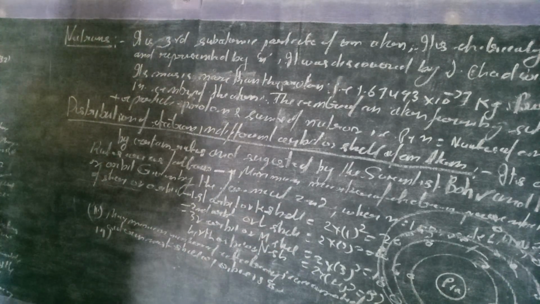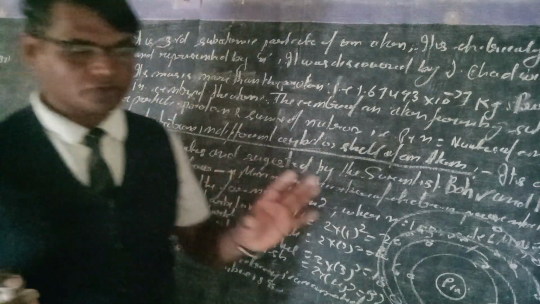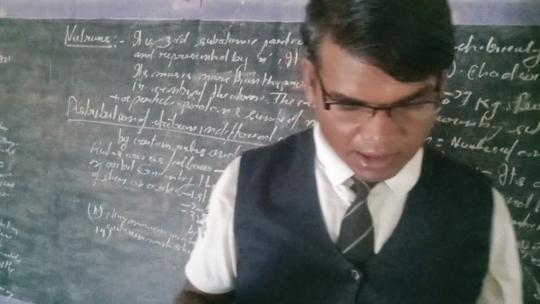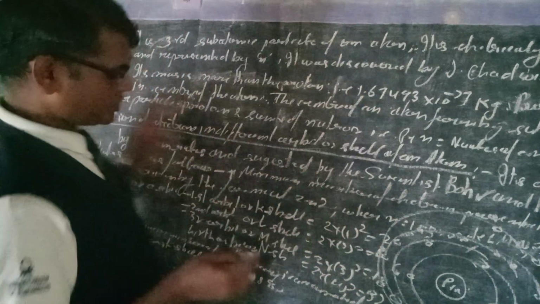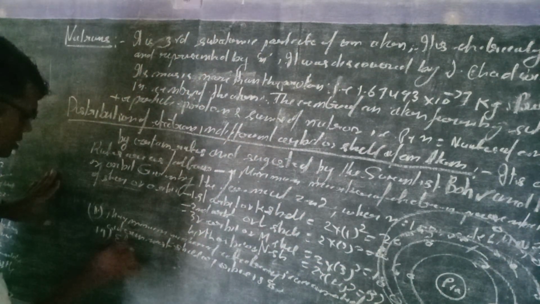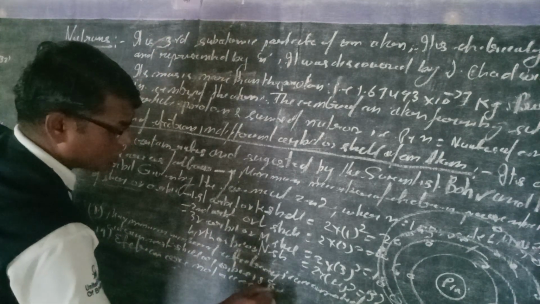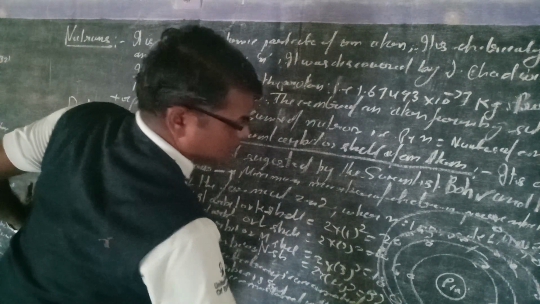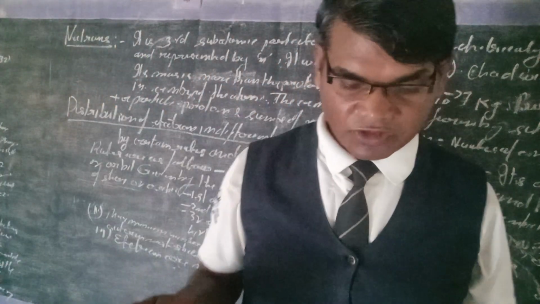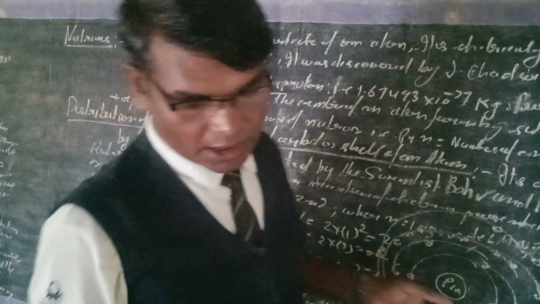The third rule says that electrons are not accommodated in a given cell unless the inner cells are filled.